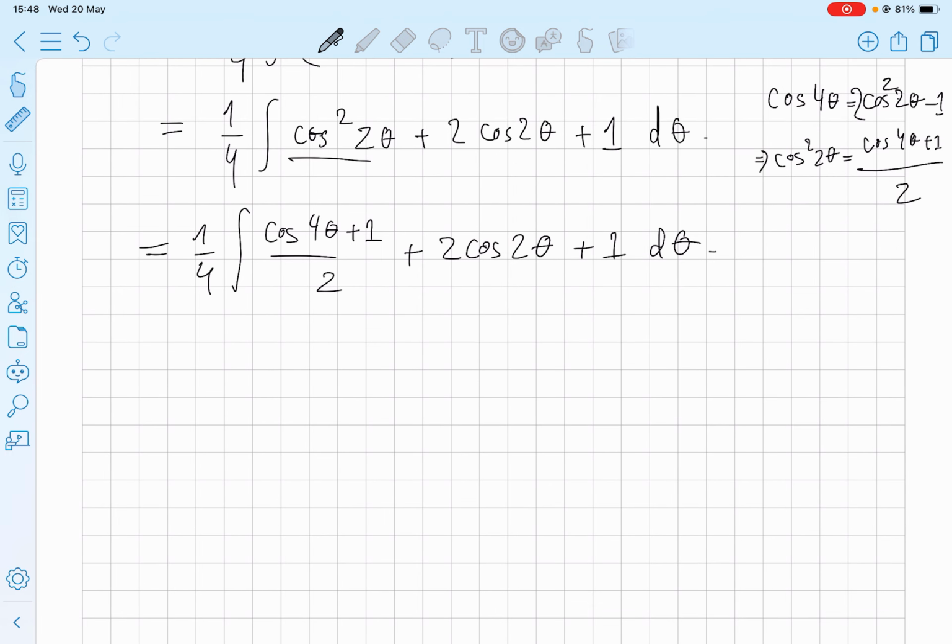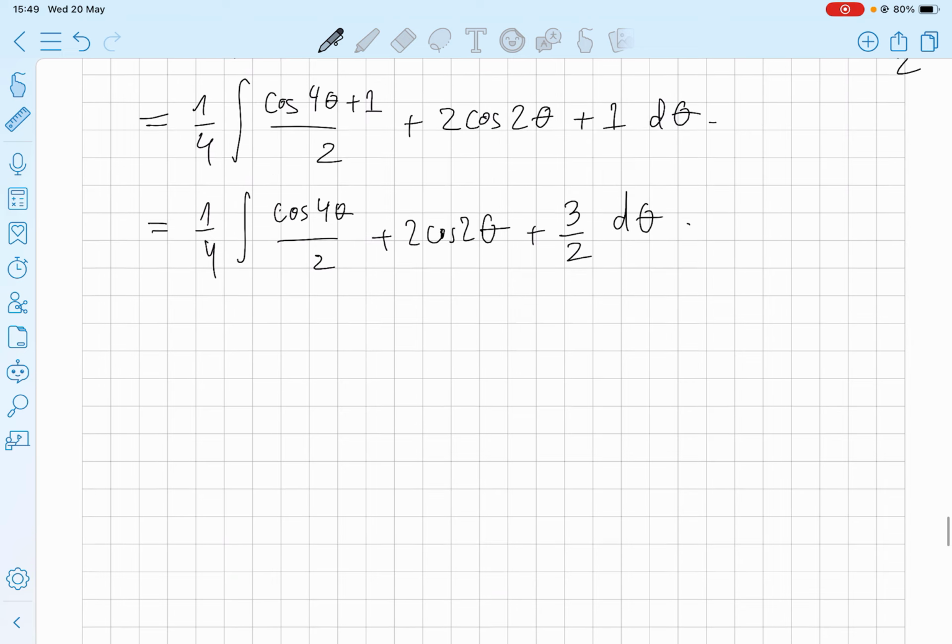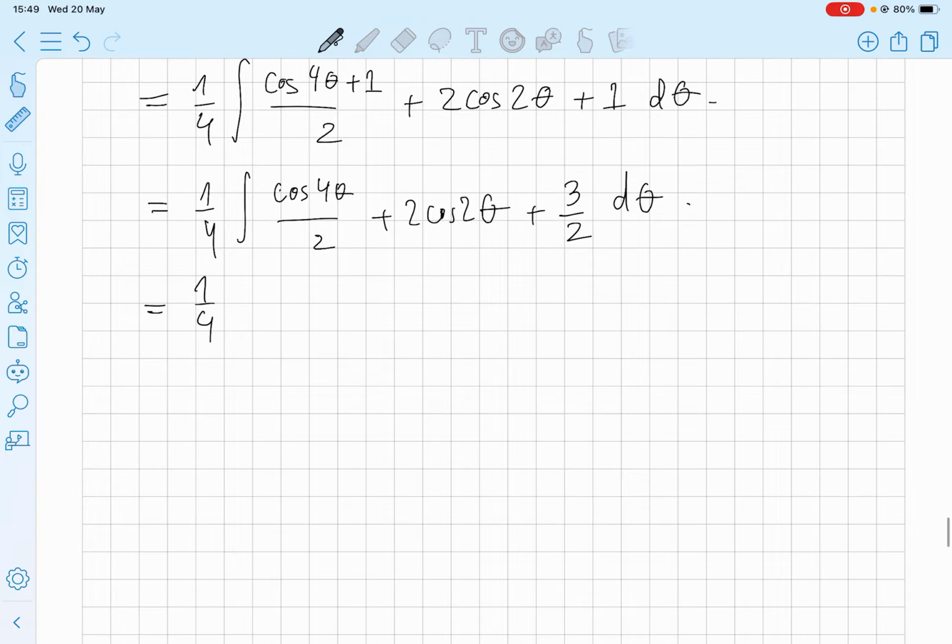Let's now simplify it more. So cosine of 4 theta over 2 plus 2 cosine of 2 theta plus 1 half plus 1 will be 3 half d theta. So now find the integral.